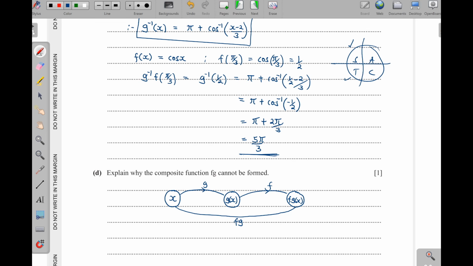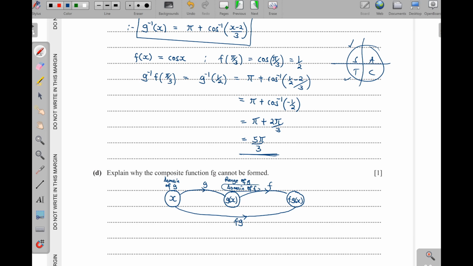Now, remember what we put in the function must be the domain. So what we get out of here is the range of g, so here we have the domain of g. What comes out is the range of g. But it has to fit into the domain of f.